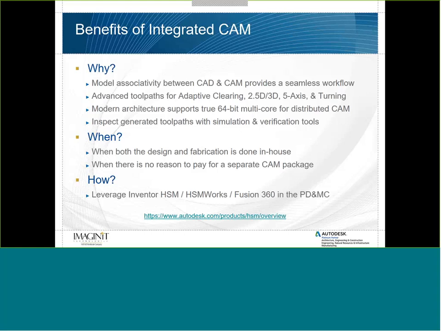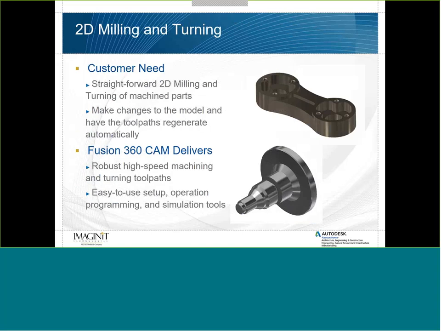So now that we've identified the benefits of working with it, let's talk a little bit about the 2D milling and turning needs of typical customers that we're talking with. One of the biggest needs is certainly straightforward 2D milling and turning of machine parts, and the ability to have changes that are made to the model quickly regenerate the tool paths in our CAM program.